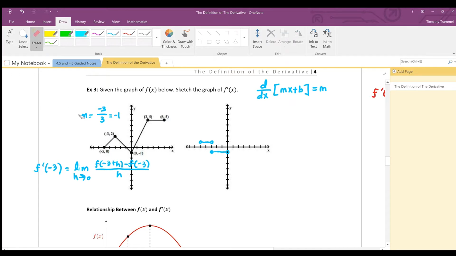All right, on to the next little line segment here. So our change in y, it looks like that is 6 over our change in x, which is 3. So our slope is now 2. So we'll go up 1, 2.